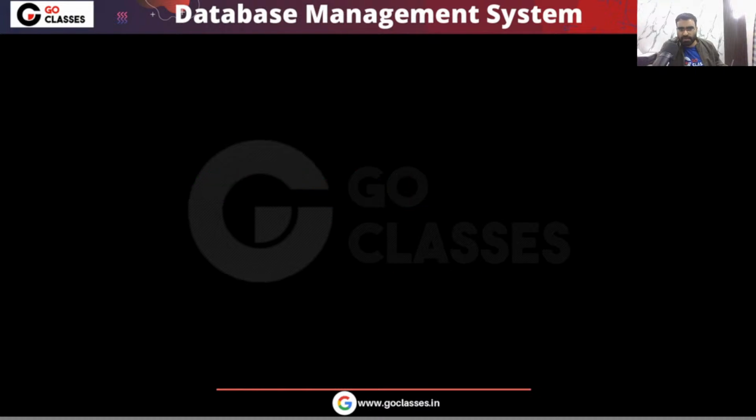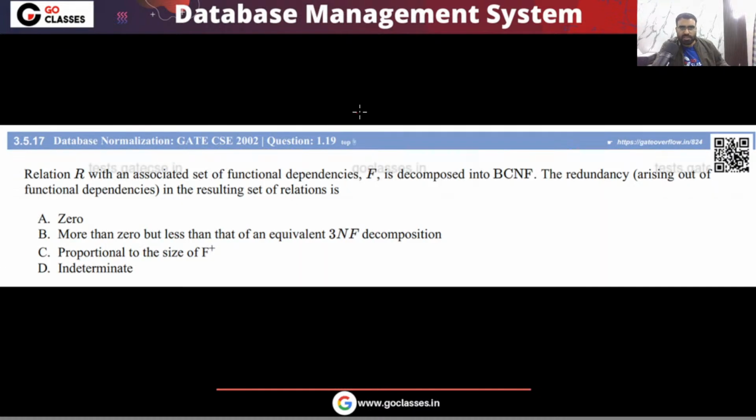Now let's move on. Let's solve this GATE 2002 question. A relation R with an associated set of functional dependencies F is decomposed into BCNF. The question is asking about the redundancy arising out of functional dependencies, that is, the redundancy caused by functional dependency. Very simple.